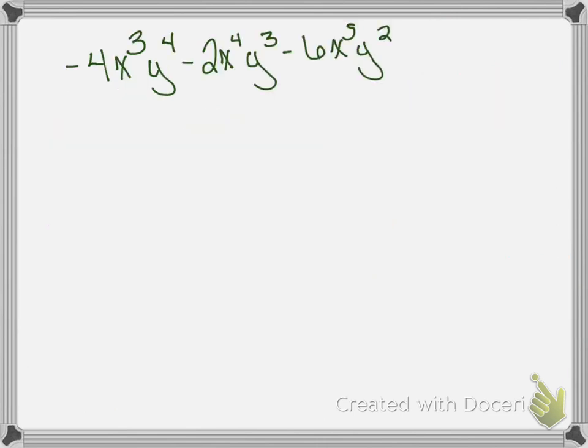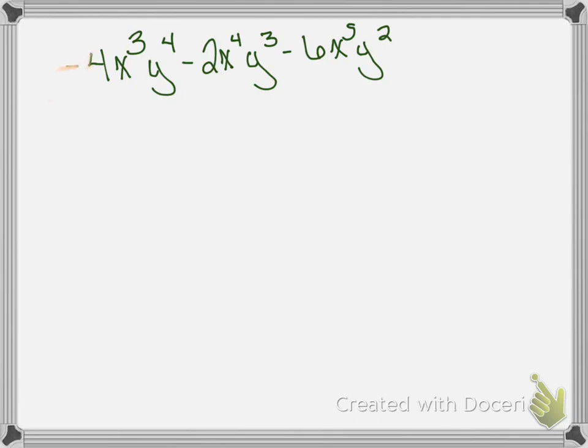Now, the directions for this say to factor completely. Factor completely. Anytime that you factor, the very first thing that you're going to want to do is see if there is a GCF. And that means, is there something that's common to every single term? The first thing that I look at when I'm looking at the GCF is my numbers.